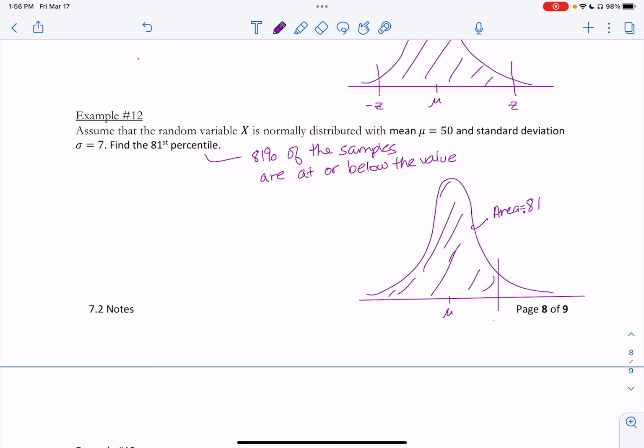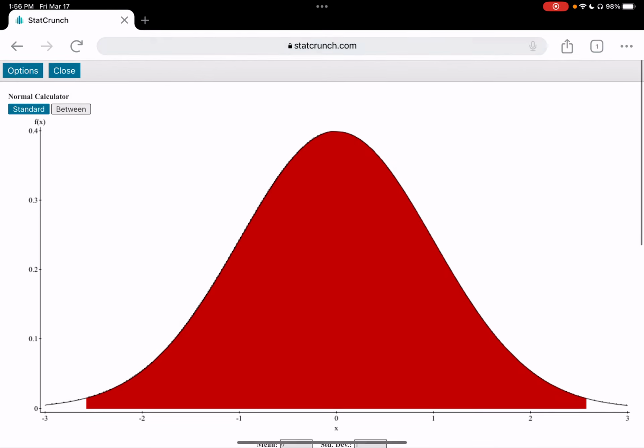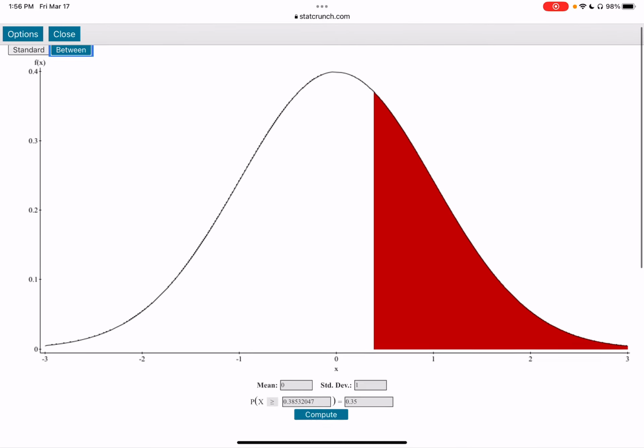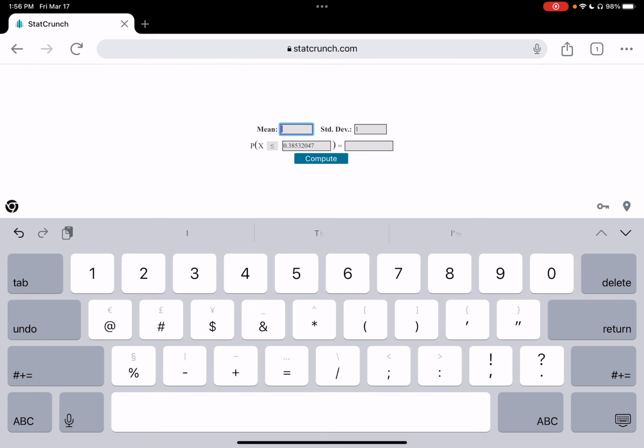Now this time I have a normal distribution with mean 50 and standard deviation 7. So we're going to change that on StatCrunch. I'm going to come out of between and go back to standard because I just want a less than. I had a mean of 50 and a standard deviation of 7, and because I wanted the 81st percentile, I went 0.81 to the left-hand side.